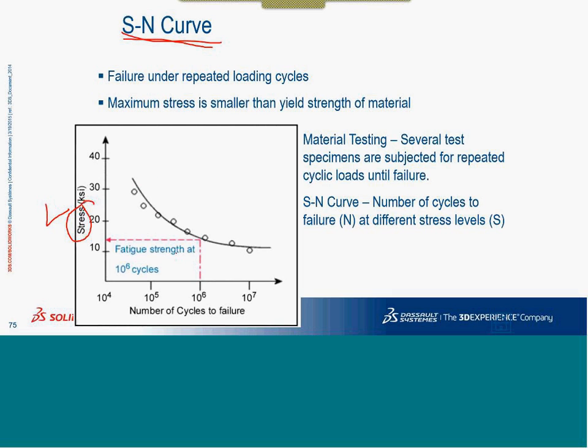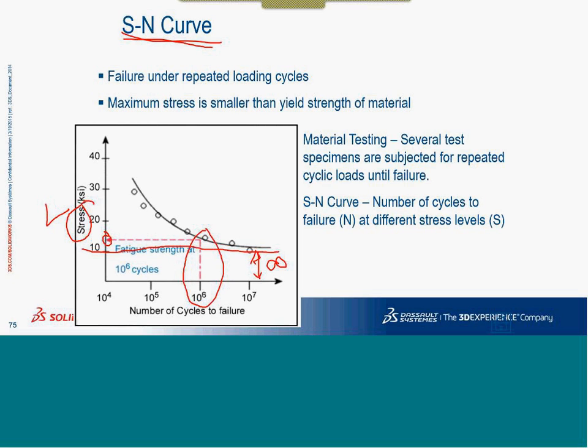Where you can see, if the stress is around 15 psi, then the life is around 10 raised to 6 cycles. Typically 10 to the 6 or something above this, consider it to be infinite life. Any stress level below this value is called infinite life.